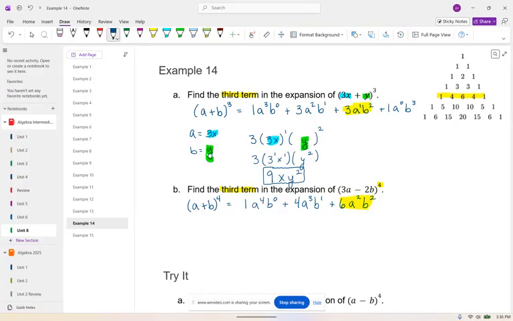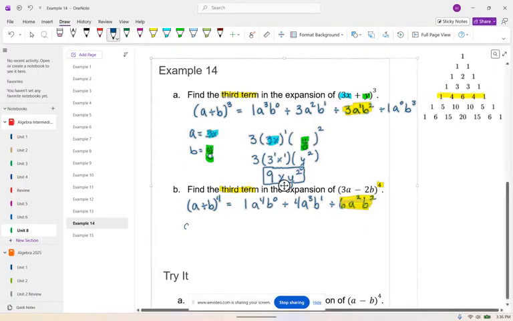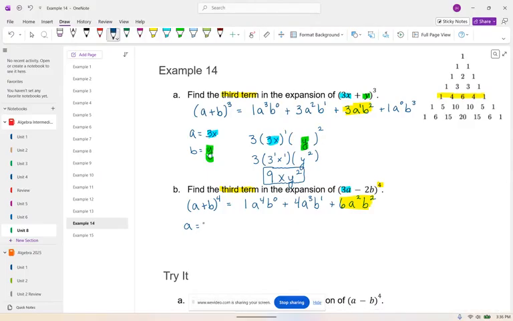Okay, so what is a and b? In this case, a equals 3a. And b equals, and don't forget about the negative sign on it, that negative sign is important, so we'll have negative 2b.